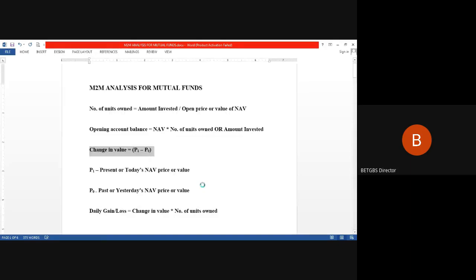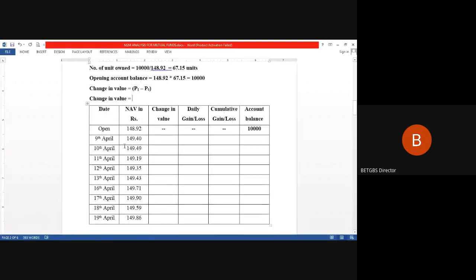That is equal to again 10,000. So what is next? It is the change in value. So change in value we have to compute for every day.